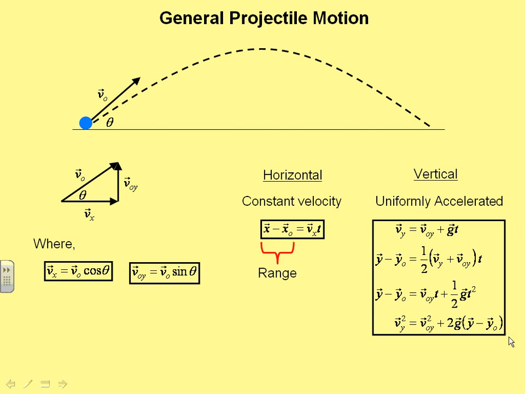But really it's going to be the same set of equations: horizontal constant velocity, vertically uniformly accelerated motion, the kinematic equations. It's just that we now have a little more complex trig that we have to do on the initial velocities in both directions. You'll see on the next worksheet that I'm going to ask you to find these quantities early on to help you then plug them in later when it comes time to use the equations.